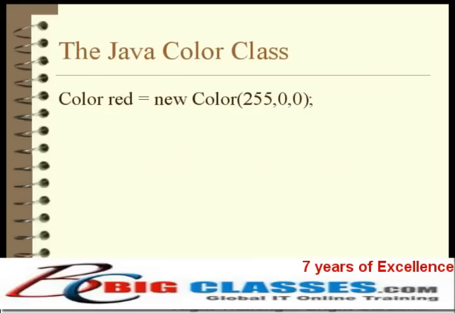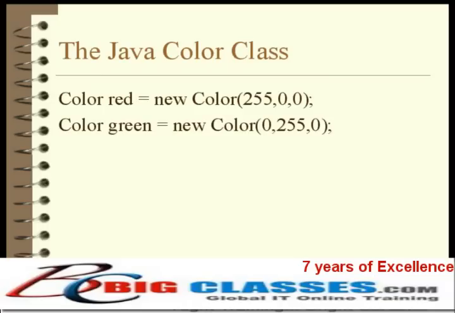The constructor of the color class requires that all 3 colors be specified. In this example, the color red is created by specifying the red component of the color to be at its maximum and the green and blue components to be completely turned off. The green color object could be constructed the same way, with the red and blue turned completely off and the green component being set to its maximum, and blue works the same way.